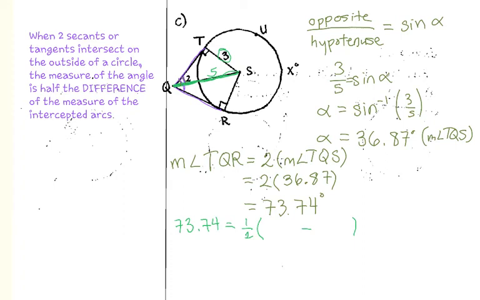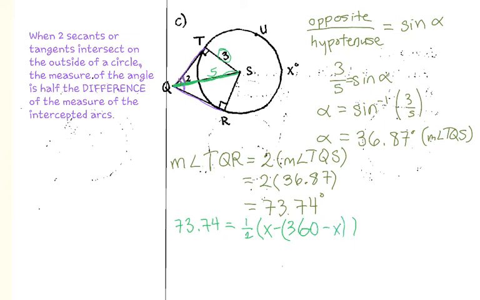Now, the larger arc is X, which is what we're trying to find, but we don't know the minor arc RT. But since these are tangents, they intersect at only 2 points, so the circle is broken up into 360 degrees. So you're going to have X minus (360 minus X).